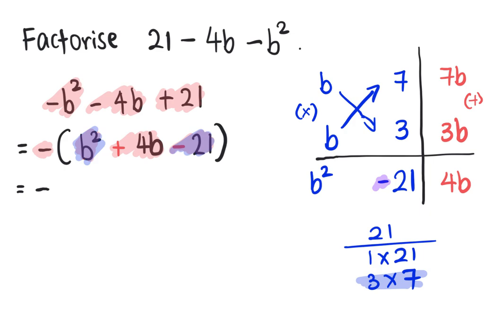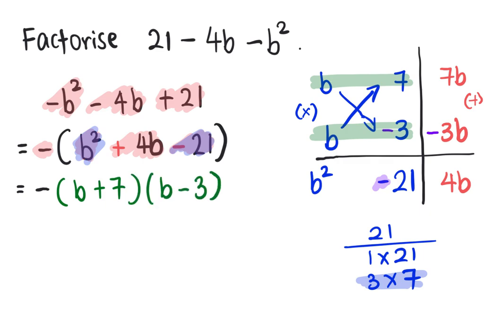It has to be 7 minus 3 because I need to have a positive 4b. So my 3 must be the negative. And I have my final factors out. Negative, b positive 7, b negative 3.